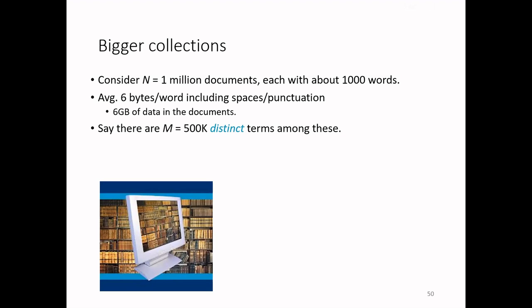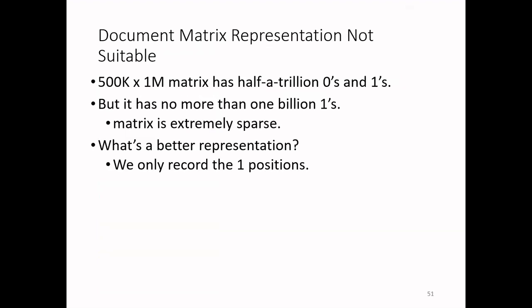So let us say that there are about 1 million documents, and each has about 1,000 words. If you take an average of 6 bytes per word, including spaces and punctuation, that is 6 gigabytes of data in documents. And while going through these documents, let us say that you find 500,000 distinct terms. Just for the argument's sake, that many distinct words or terms are there.